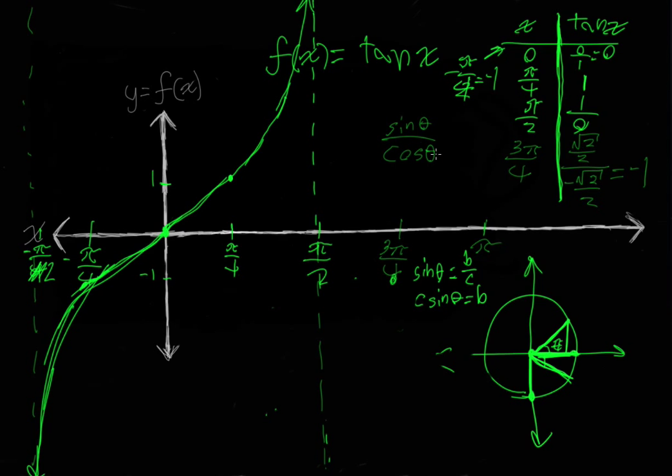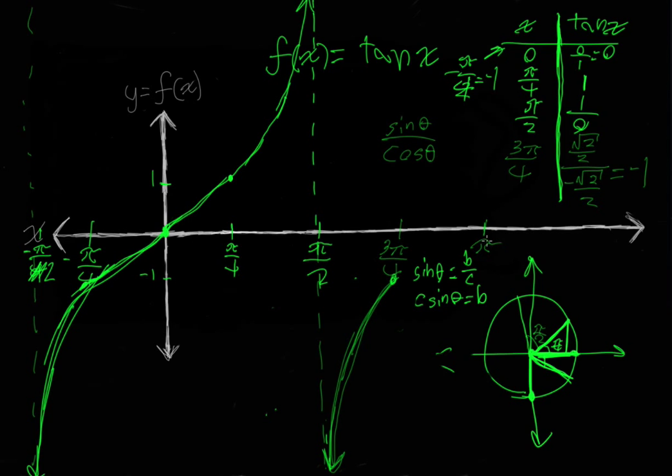But if we go a little bit past pi over 2, these cosines are still small, but they're negative. So we're going to be dividing by really small numbers, which is going to make this huge, but negative. So we're going to get a similar pattern where we're going down to negative infinity.